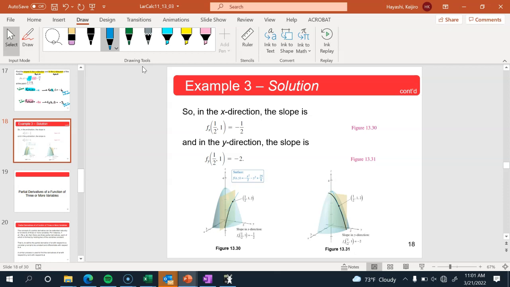But that's what these partial derivatives are. They are the values of slopes, or formulas for the values of slopes, taken in a particular direction, a particular orientation.